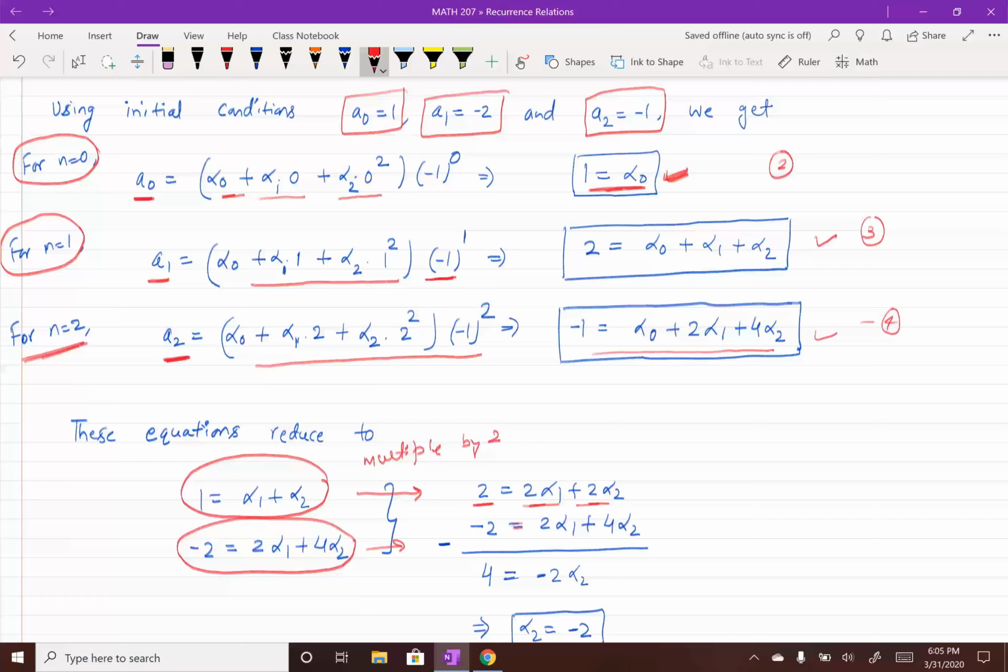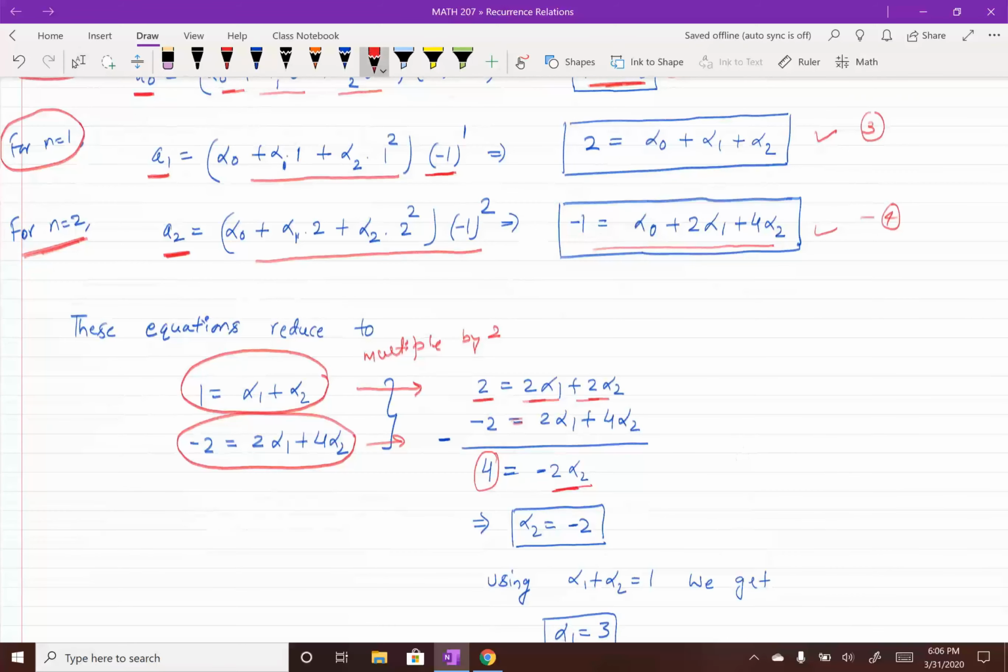Now if you subtract the below equation from the above equation, this side will be 2 minus 2 equal to 4. This side, 2 alpha 1 minus 2 alpha 1 will cancel out, and 2 alpha 2 minus 4 alpha 2 will be -2 alpha 2.